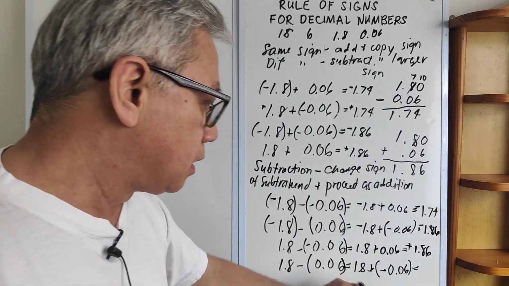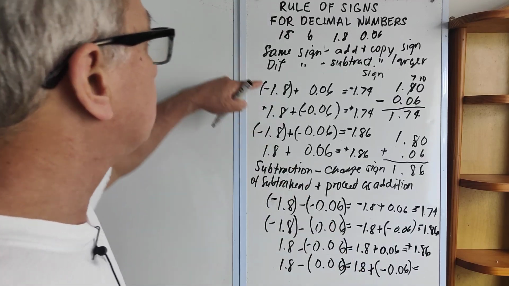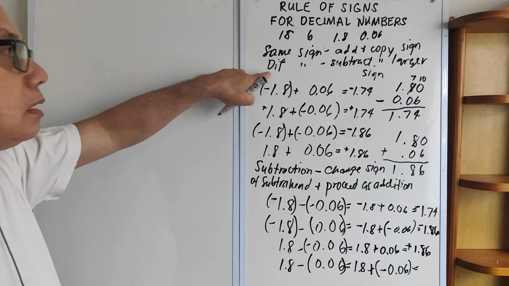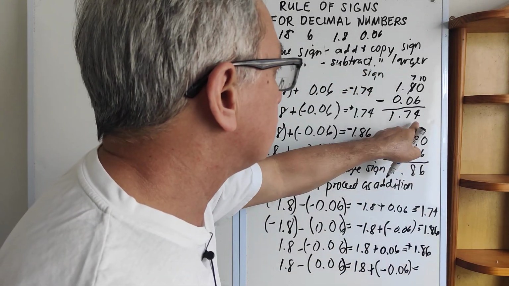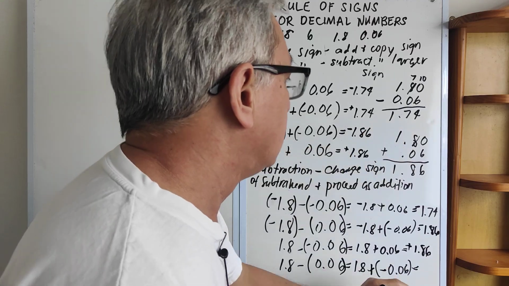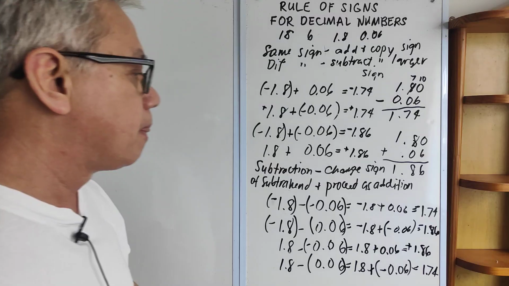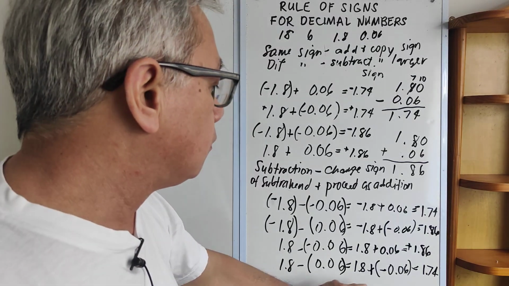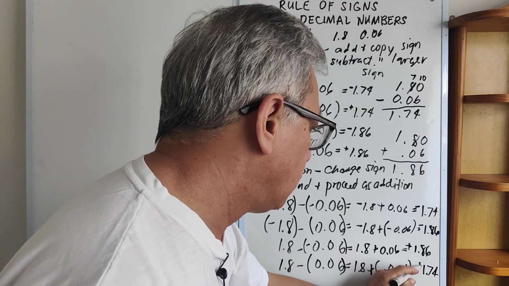So this is now addition. This is positive, this is negative. They are different signs, so we subtract and copy the larger sign. So this is the subtraction solution, 1.74. Now we copy the larger sign, this is the larger sign, positive, so this is still positive.